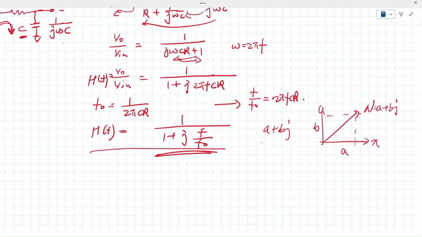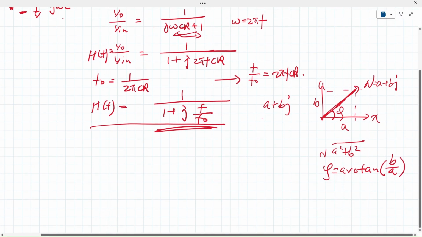The amplitude, also the length of this vector, is the square root of a squared plus b squared, and the phase angle is alpha, where alpha equals arctan b over a.